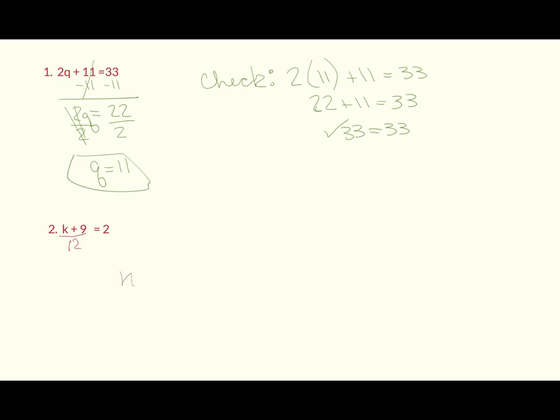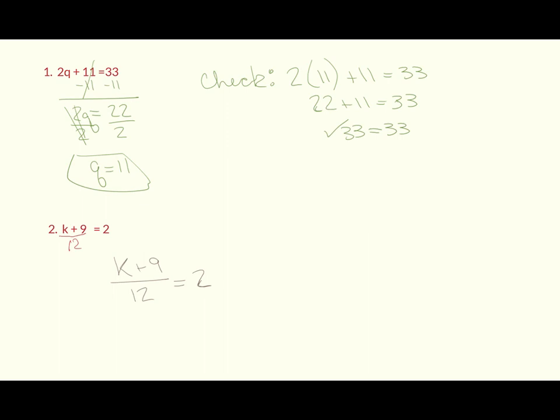Number 2 says k plus 9, divided by 12, equals 2. So what's farther from k, the 9 or the 12? The 12.